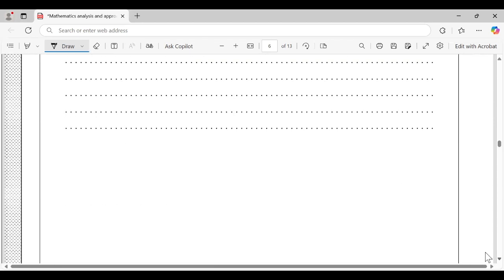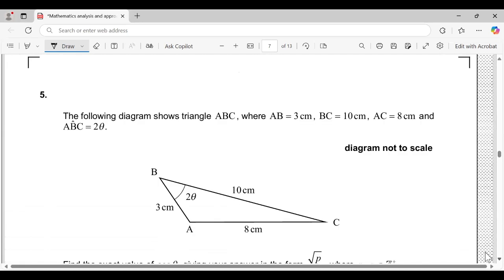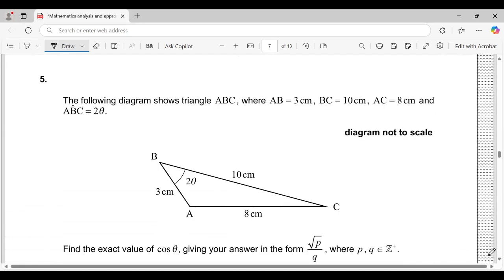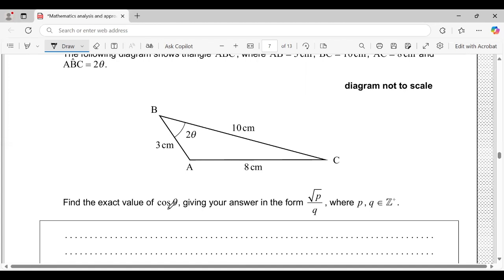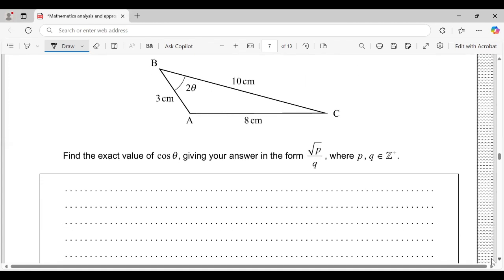Number 5. The following diagram shows triangle ABC, where AB is 3 centimeters, BC is 10 centimeters, AC is 8 centimeters, and angle ABC is 2 theta. This is the diagram. Find the exact value of cosine theta, giving your answer in the form square root P over Q, P and Q positive integers.